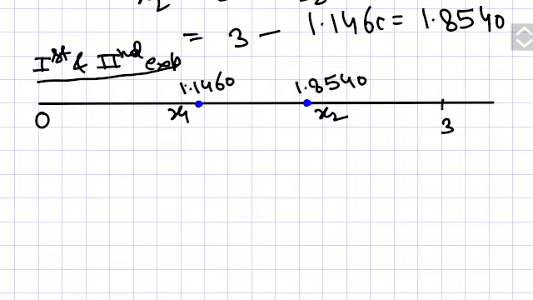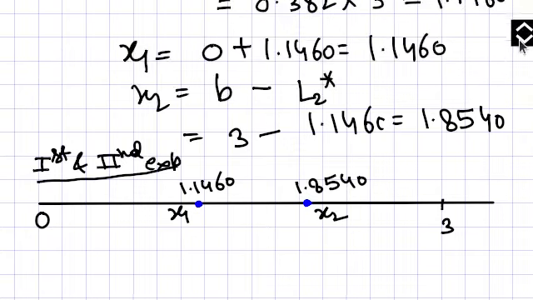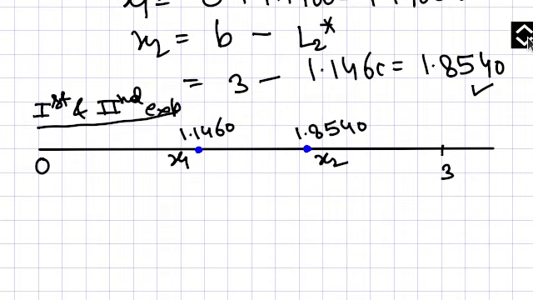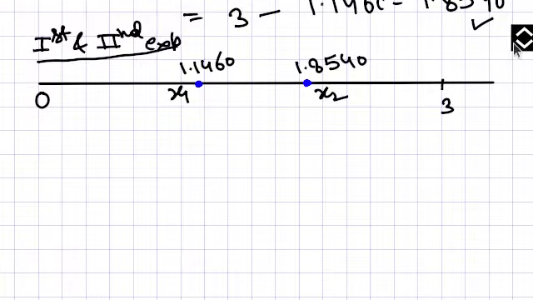Means when you get the value of x1 with this calculation, it is called the first experiment, and when you get the value of x2 with the help of the formula, this is called the second experiment. Then you put these points in here, and after that you will get the function value like this.